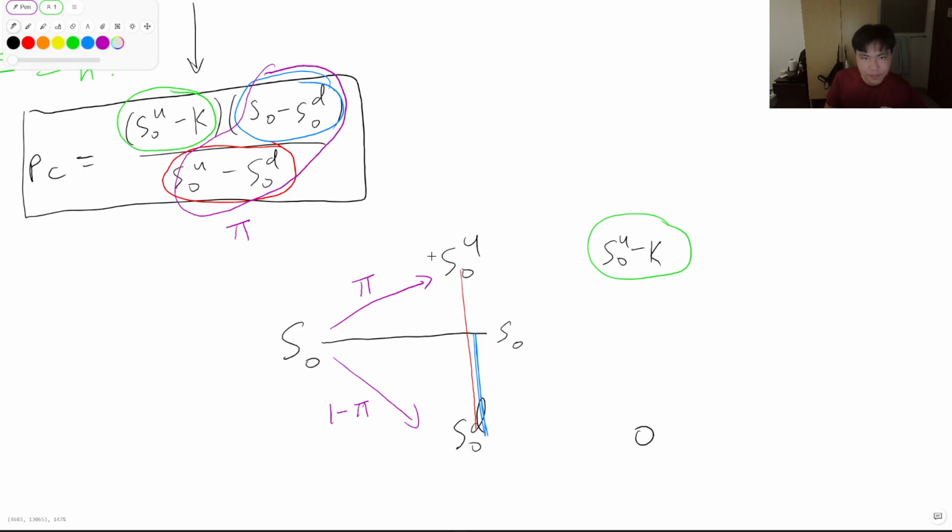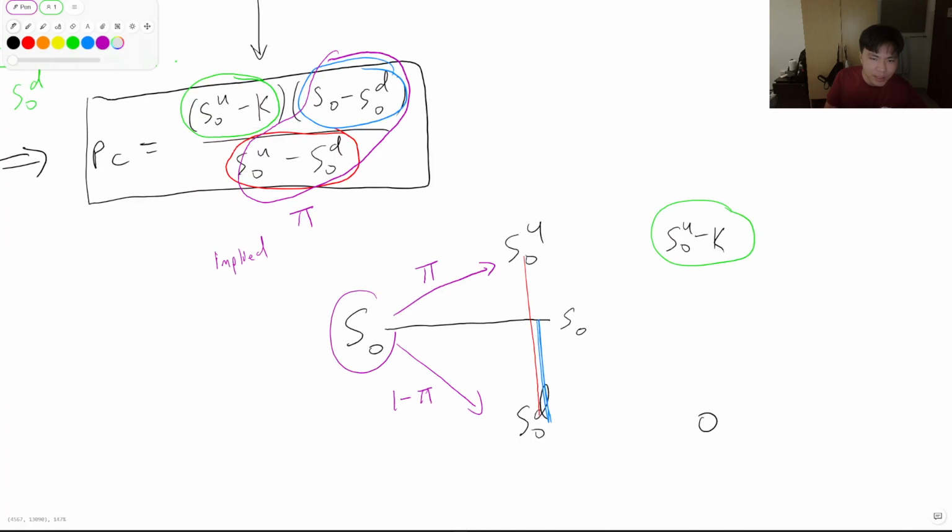So we derived this equation without any mentioning of probabilities at all. But when we stare at a certain part of the formula, it looks a lot like an implied probability. This is a market implied probability.